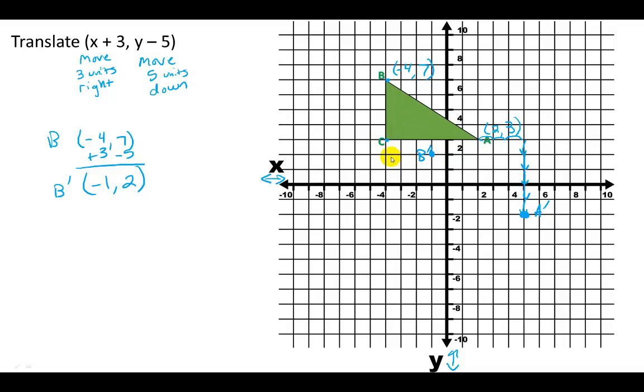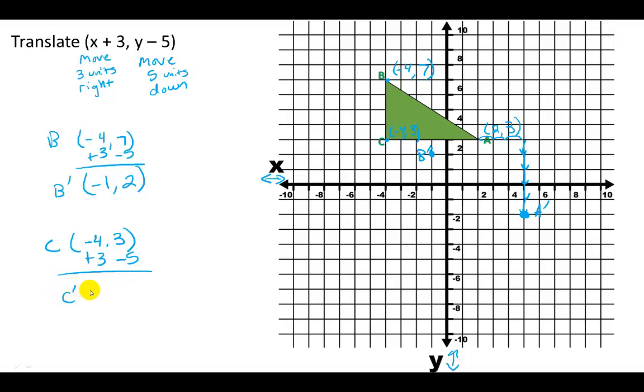Finally, we have our C point. This looks to be at -4, comma, up 1, 2, 3. So C is -4, 3. On the x, we're going to be adding 3. On the y, we're going to be subtracting 5.